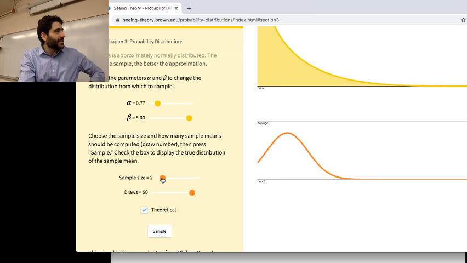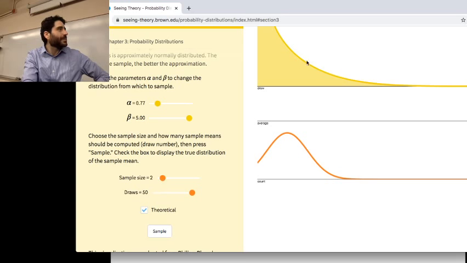Here's a really weird looking population, and I'm only drawing 2 samples. Here is our sampling distribution of the mean, which is not that normal, right? It has this weird truncated cutoff, and it's not symmetrical. So this does break down with really tiny samples, but it converges pretty fast.